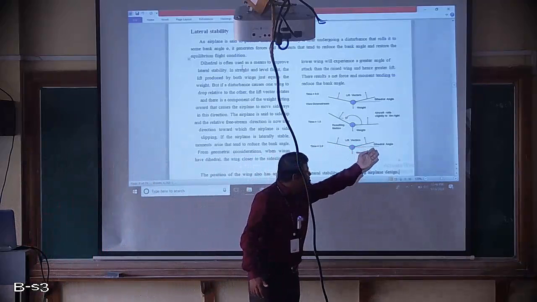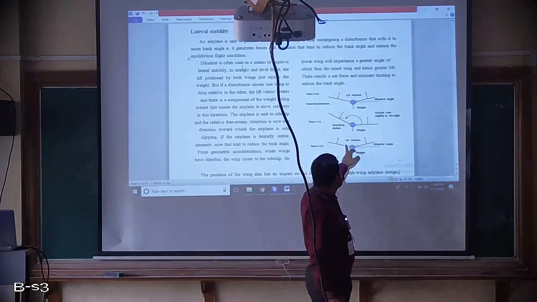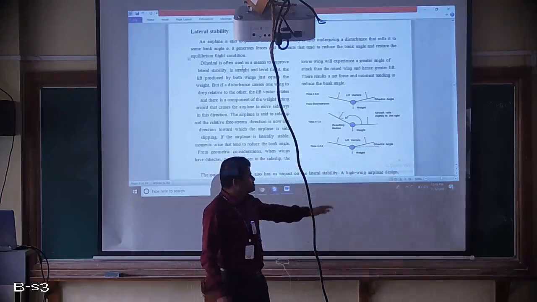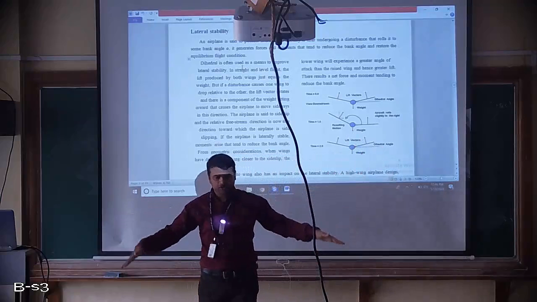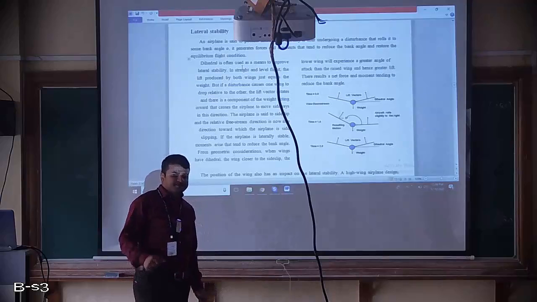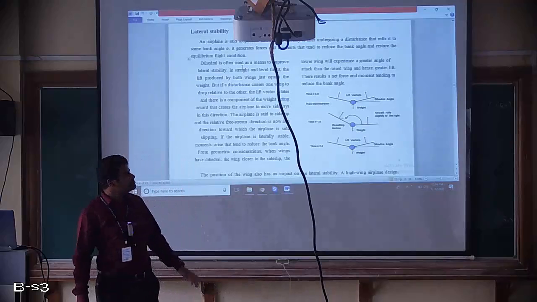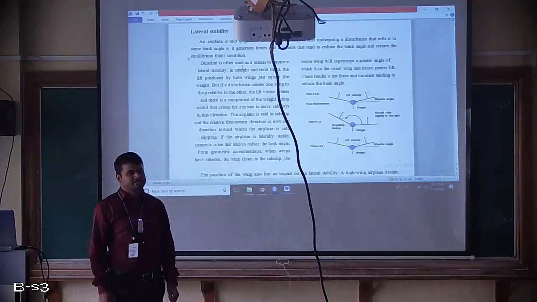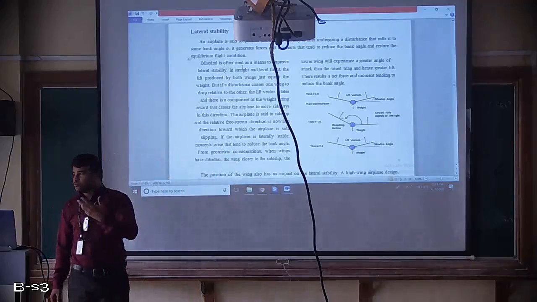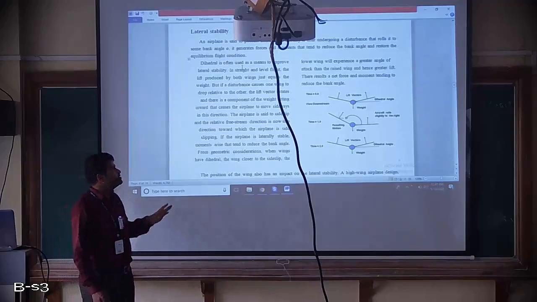These wings are called dihedral wings, which have a dihedral angle. If it is down, that is called anhedral wing. Basically for good lateral stability, we should use this dihedral angle. It will give more stability than the anhedral wings.